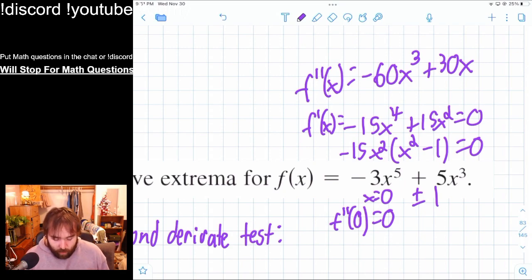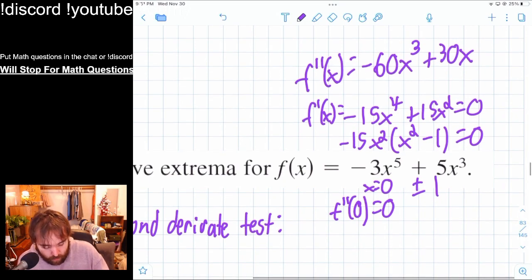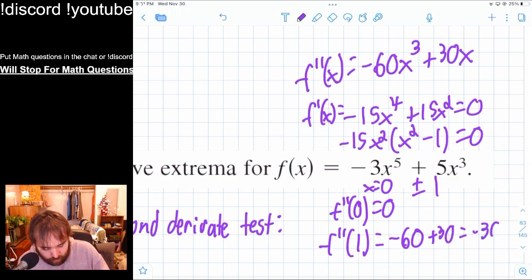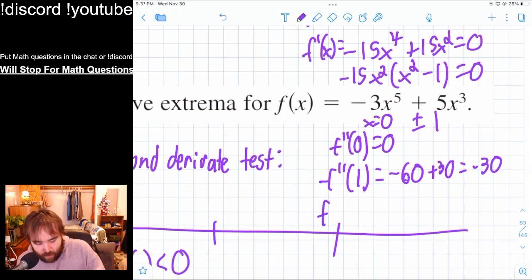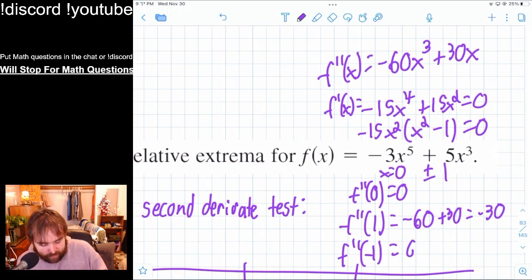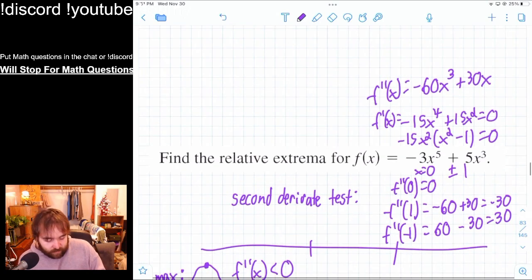When we plug in positive 1 into that equation, let me write it out. So f double prime of 1, we get negative 60 plus 30, which is negative 30. So there it's concaving down. And at negative 1, in the second derivative, we get positive 60, but then minus 30, which is a positive 30, which makes sense because it's an odd function.